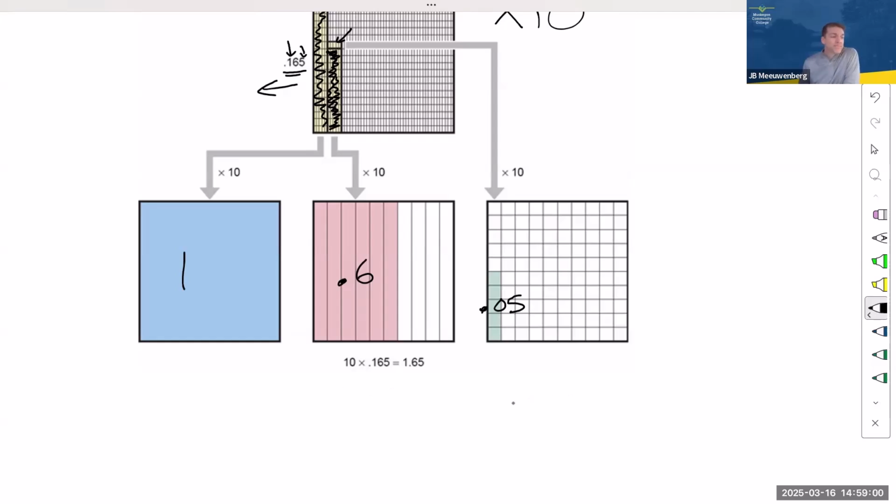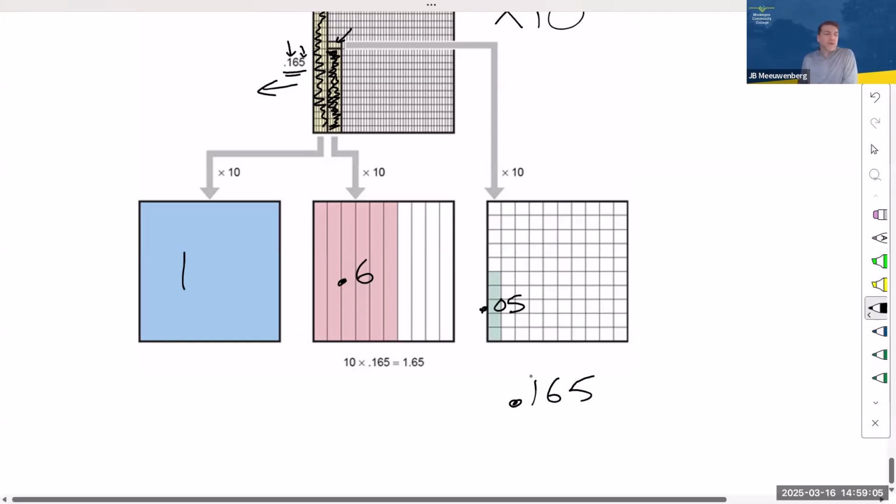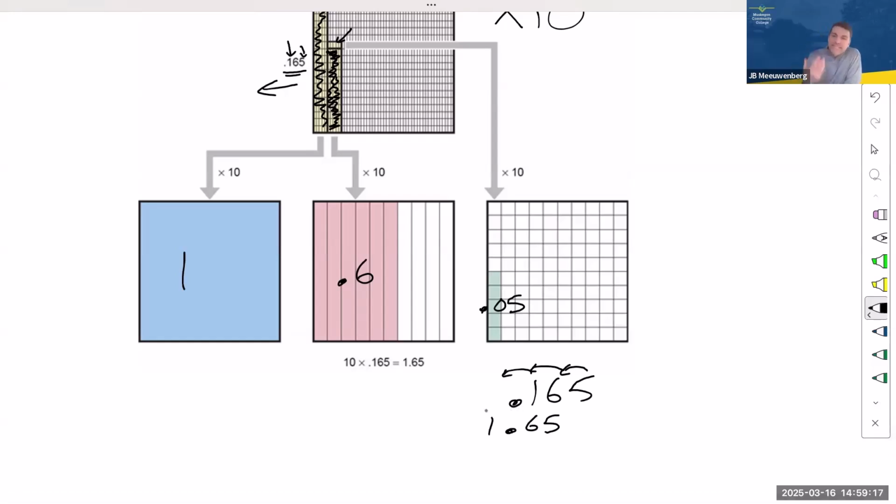Rather than imagining the decimal moving, I think it's even better if we imagine each of the numbers themselves moving one spot to the left. It essentially has the same effect, but I think conceptually it tells the story a little bit better when we're multiplying by that 10.